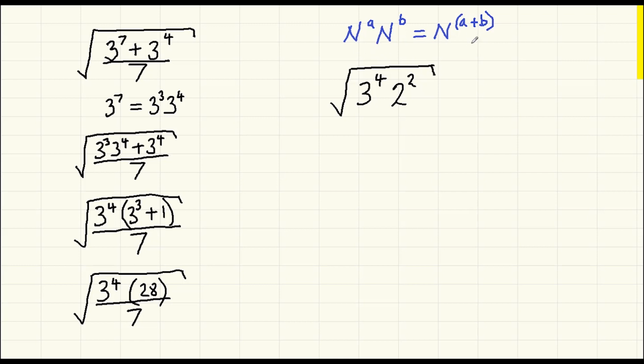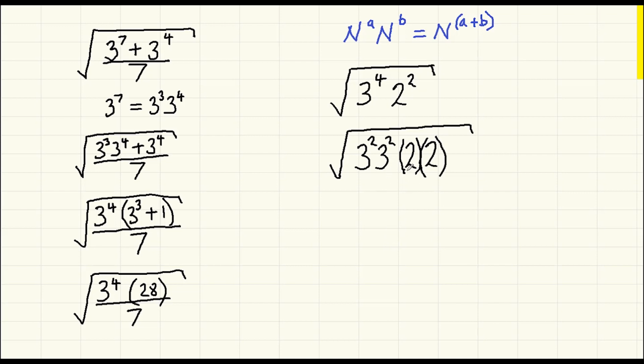We can now utilise this relationship again and rewrite this as 3 to the power of 2 times 3 to the power of 2, because 2 plus 2 gives you your 4. We can also write this as 2 times 2. Let's put some brackets in there. So this is 2 to the power of 1, 2 to the power of 1, which gives you your 2 there.